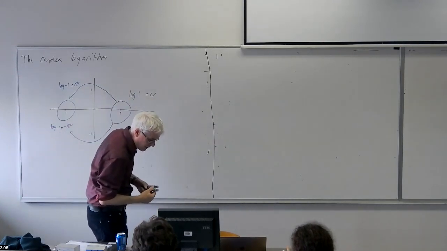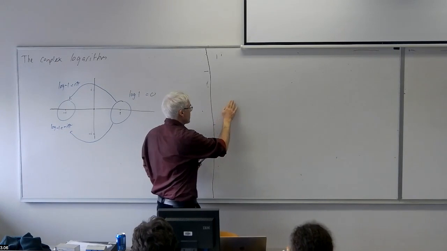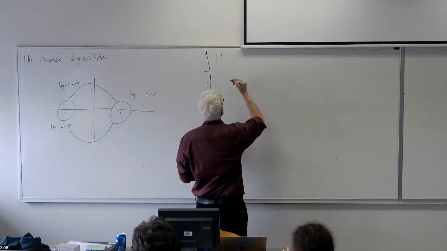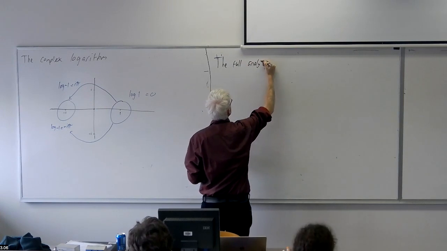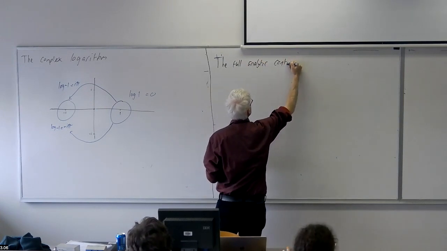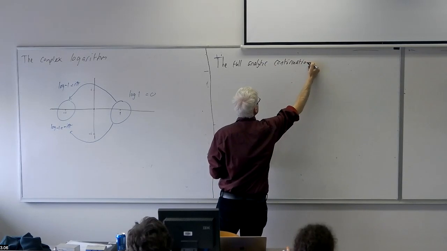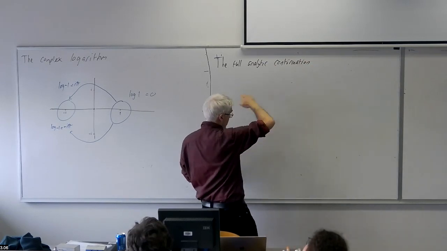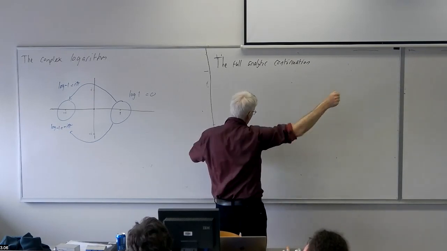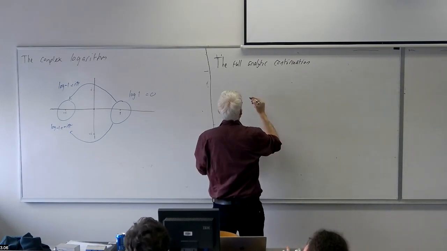So the full analytic continuation, you can describe the manifold rather simply. As I say, it's like a sort of spiral staircase, going up to infinity in all directions.